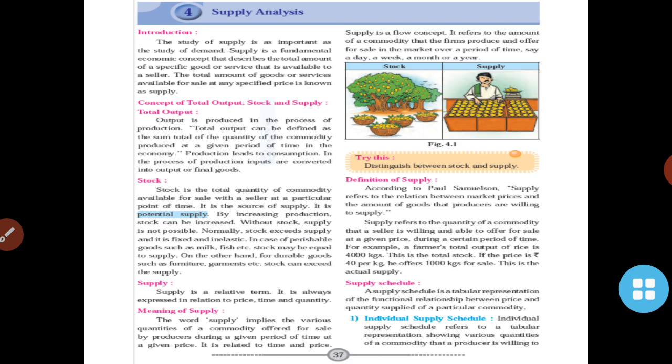Now the definition of supply is given. According to Paul Samuelson, supply refers to a relation between market price and the amount of goods that producers are willing to supply.